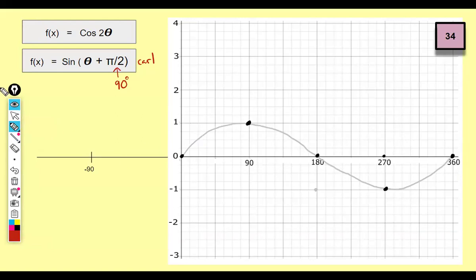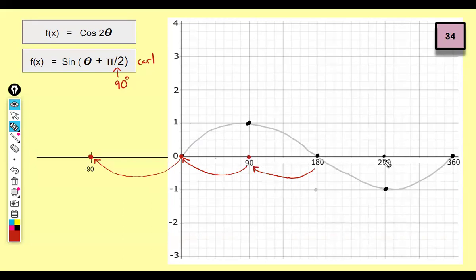0 minus 90 will give us what? Minus 90. So he will get drifted back to minus 90 because we're minusing 90 from everybody. Over here, the x coordinate is 90. 90 minus 90 would put us where? On 0. You have 180 here. 180 minus 90 will give us how much? 90. So this 180 gets drifted over here.